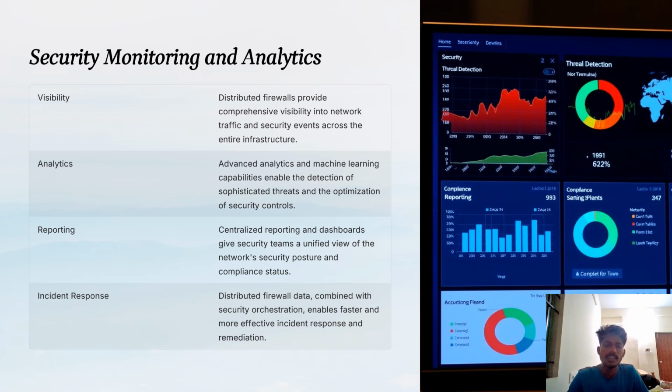Reporting: centralized reporting and dashboards give security teams a unified view of the network security posture and compliance status. Incident response: distributed firewall data combined with security orchestration enables faster and more effective incident response and remediation. So this was all about security monitoring and analytics.